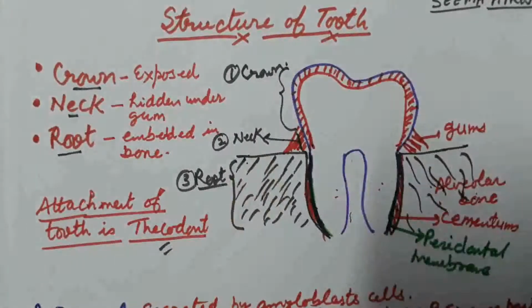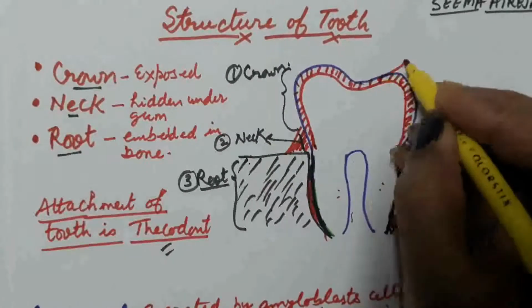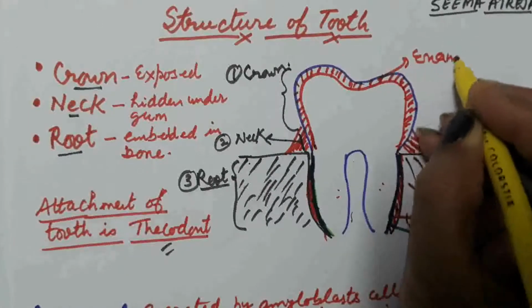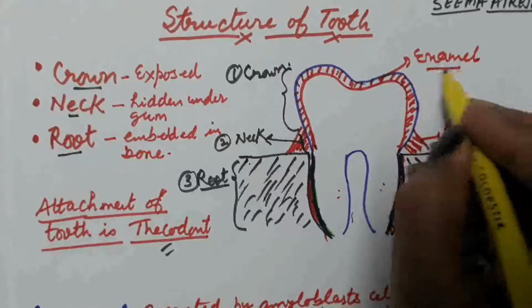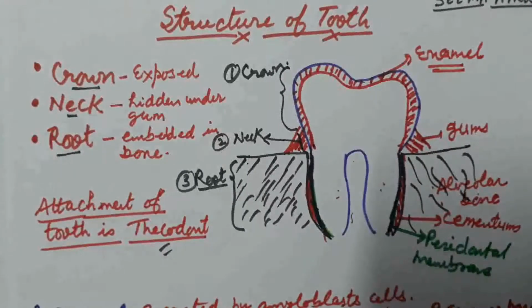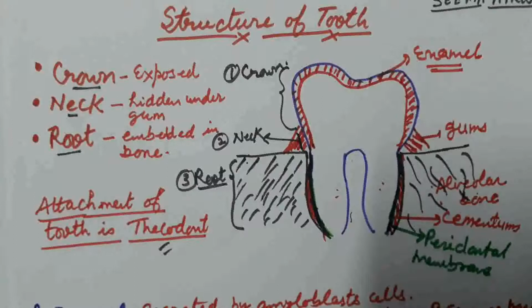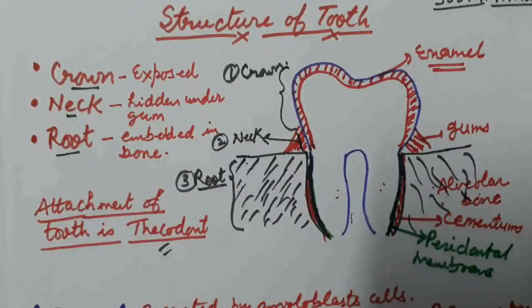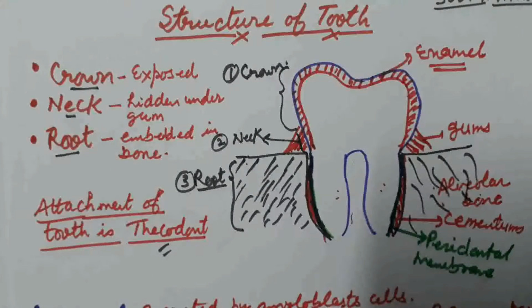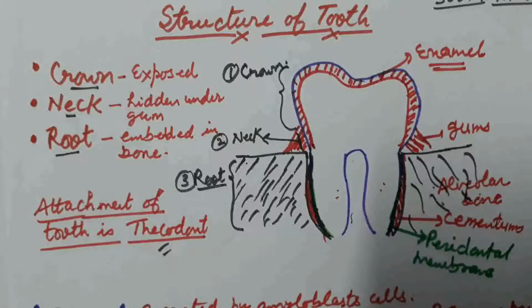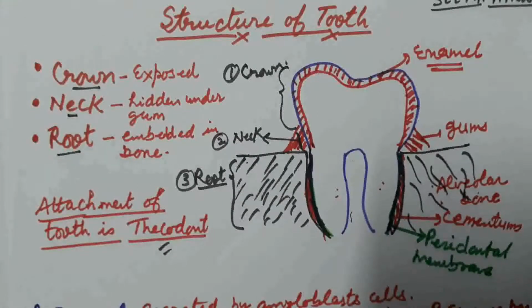Enamel is the hardest substance in our body. There are some cells known as ameloblast cells, which secrete this enamel layer. Enamel is ectodermal in origin. Enamel is made up of calcium phosphate and fluorides.